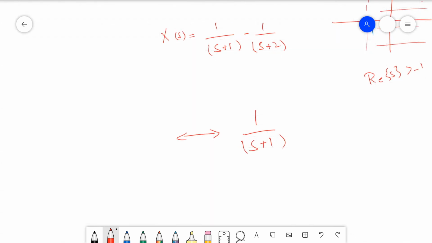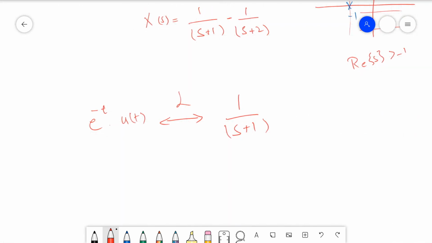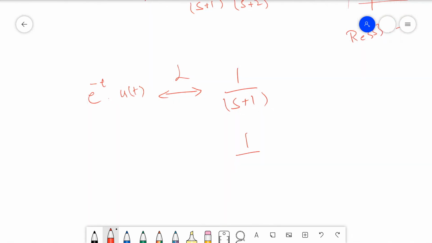So from example 9.1, we can see that the inverse Laplace transform of 1 over s plus 1 was e raised to the power minus t, because a is 1 here, into u of t. And for the second component, 1 over s plus 2, the inverse Laplace transform is just e raised to the power minus 2t into u of t.